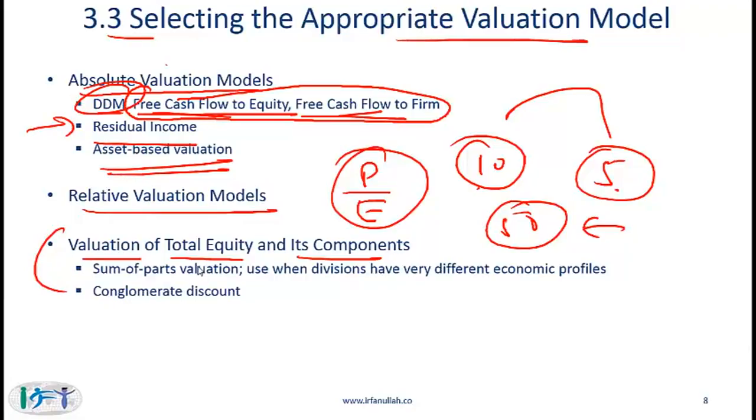Obviously, those businesses are very different. So it might make sense to take each business separately and value it using an appropriate method. When you do that, what you are doing is a sum of parts valuation. There is an example that we will talk about related to sum of parts valuation.